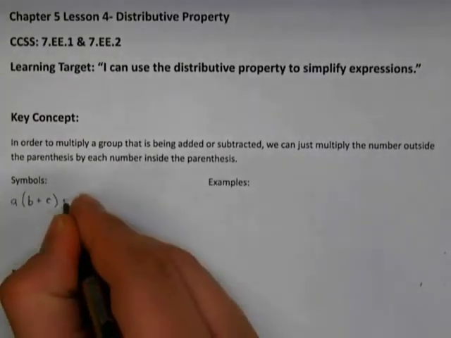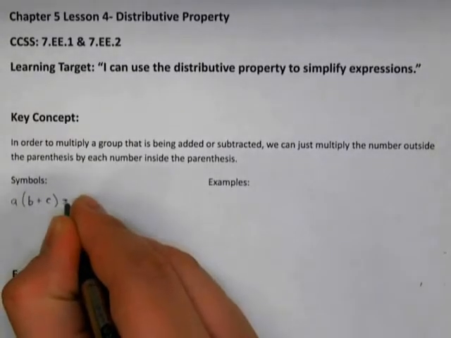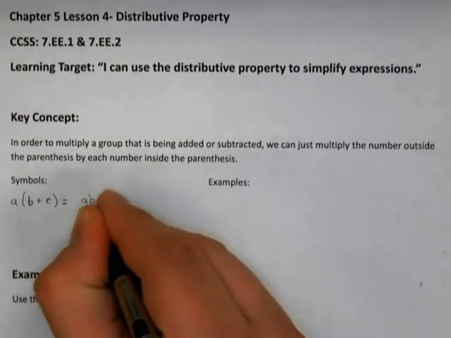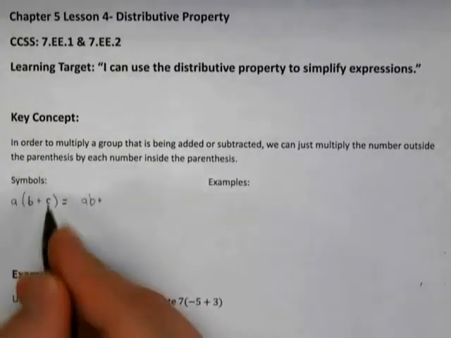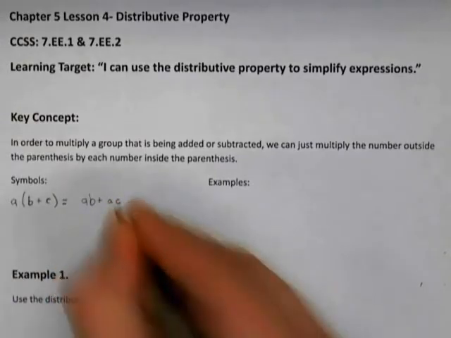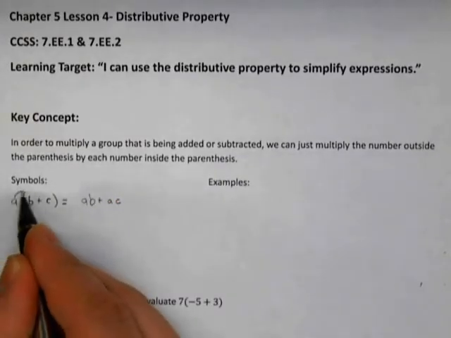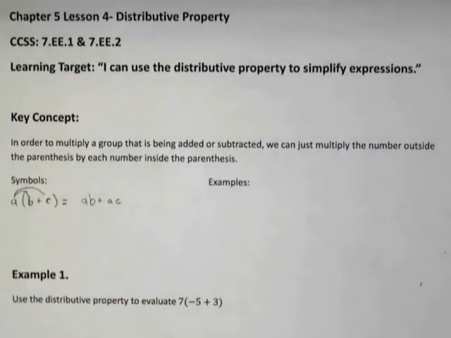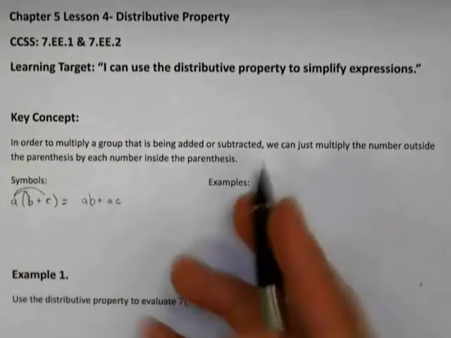But what we can actually do is multiply A times B and add that to A times C. Okay, and it's kind of like a rainbow effect here. We take the A to the B, and then we take the A to the C, and that's how it works. So we get AB plus AC.